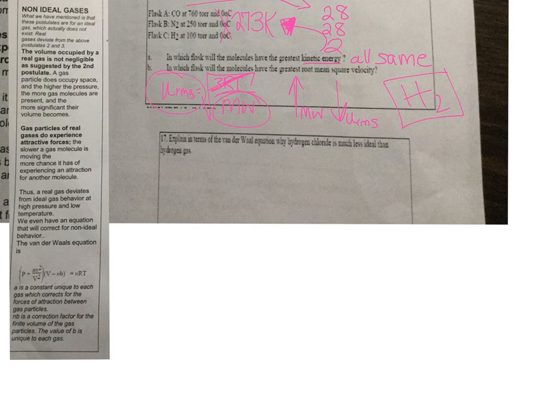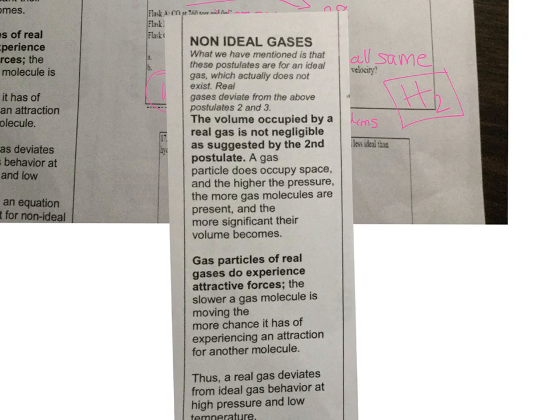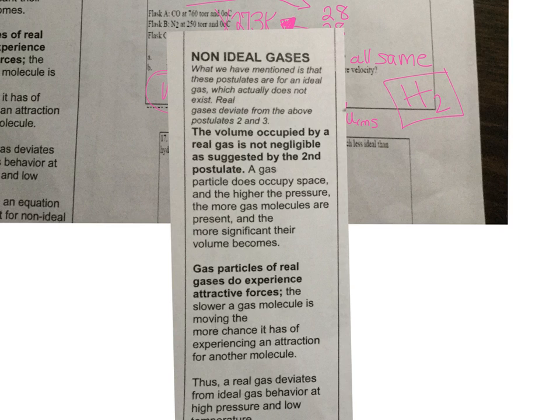Okay, so this last little part that we're going to look at for the non-ideal gases, all that you really have to know is that this exists. You won't be asked to calculate this except on little labs in like college and things like that. So we're not going to do any in here though, probably until the end of the year. So just so you've got it, underline the couple things that I'm going to underline, which is the volume occupied by a real gas is not negligible, as suggested by the second postulate that we read the other day, okay?